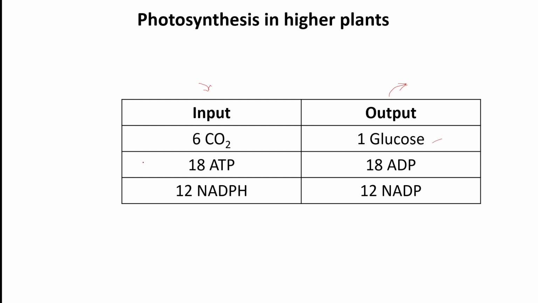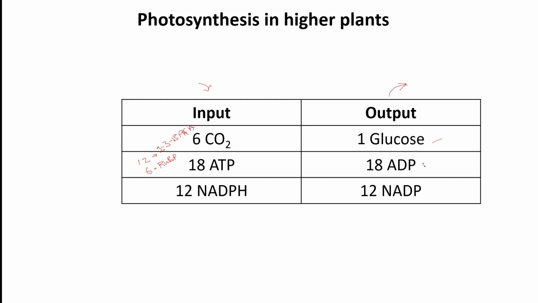So in total, 12 were used initially and 6 later for the synthesis of RuBP. Okay, so in total 18 ATP are used.